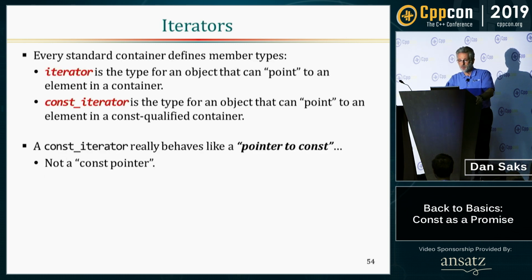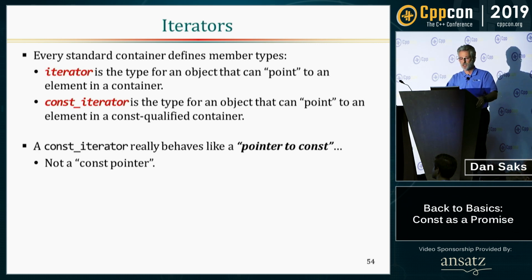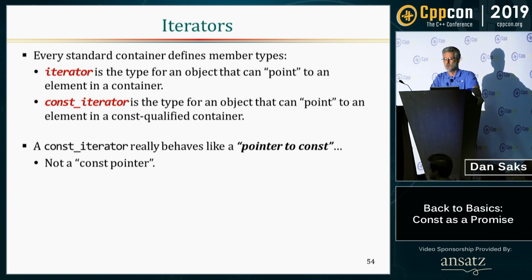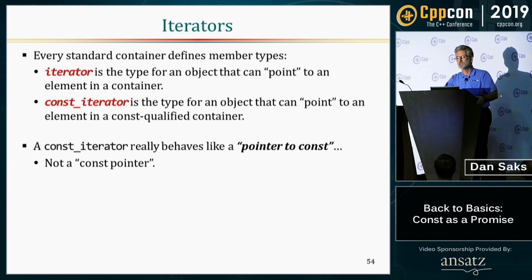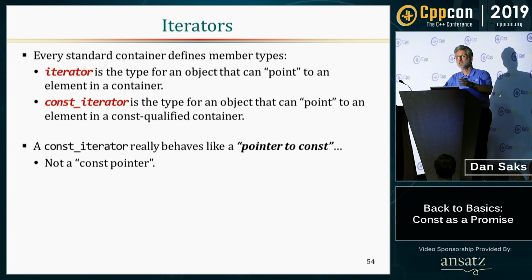Well, the standard container classes, the class templates like vector, deque, list, and so on, they all have member types called iterator and const_iterator. And the iterator type, for example, of a list is the type of an object you can use to essentially point to individual elements in that list. What's a const_iterator?